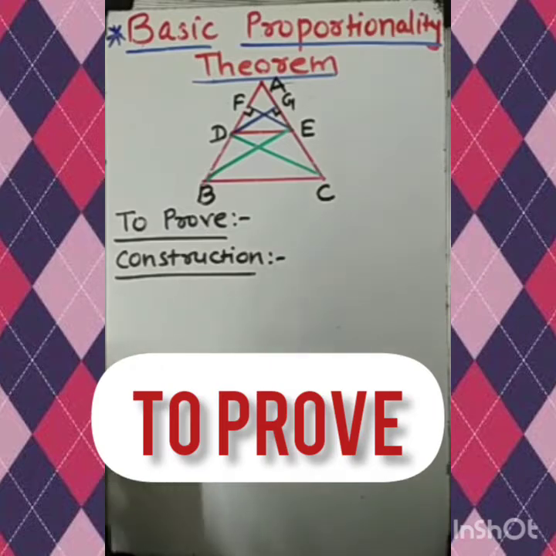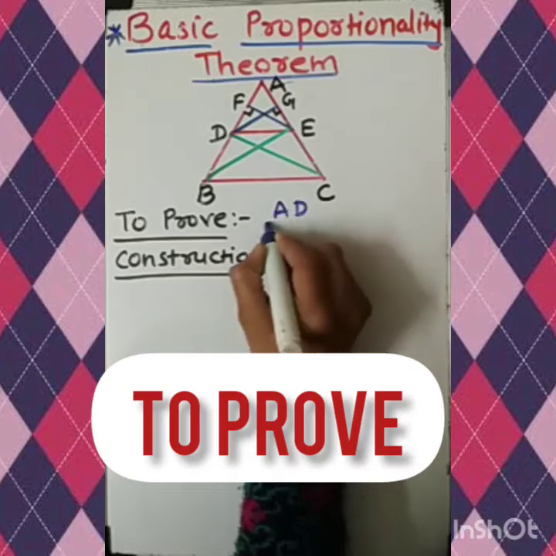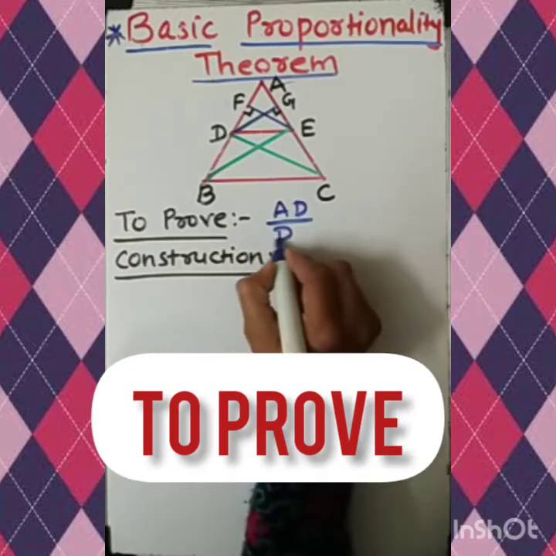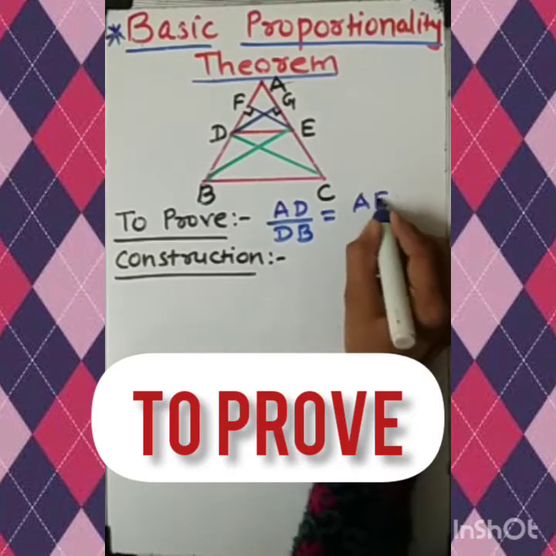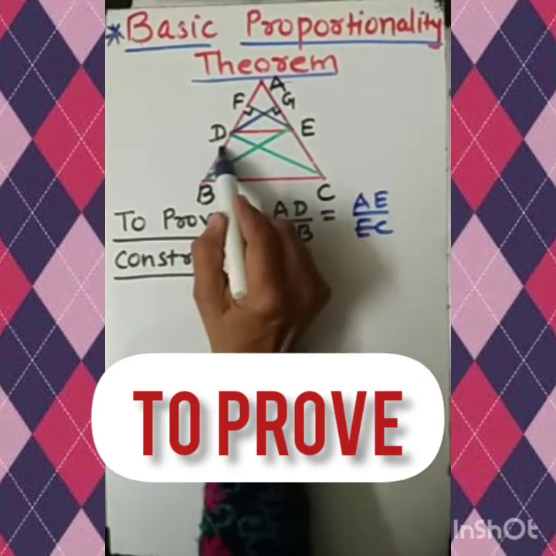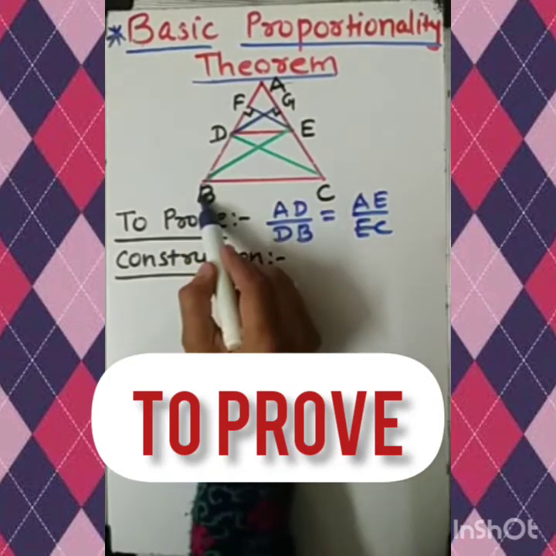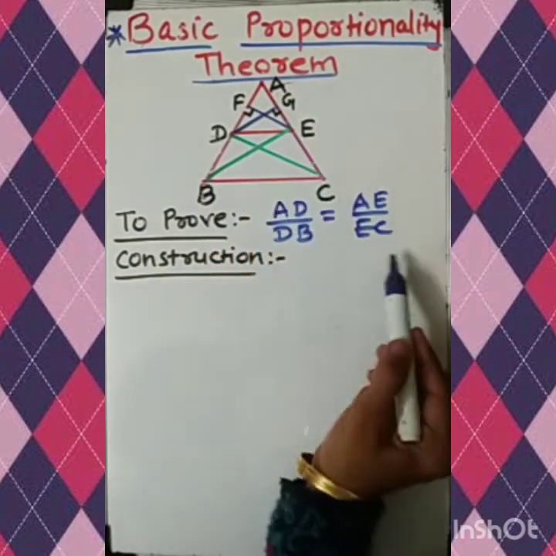Now what exactly do we have to prove? According to the statement, we need to prove AD upon DB is equal to AE upon EC.